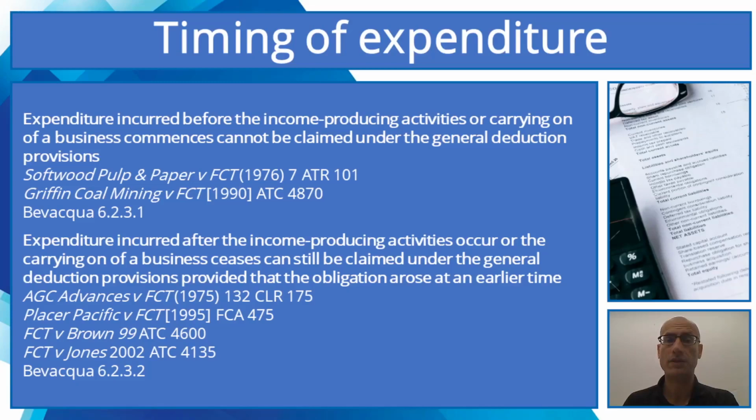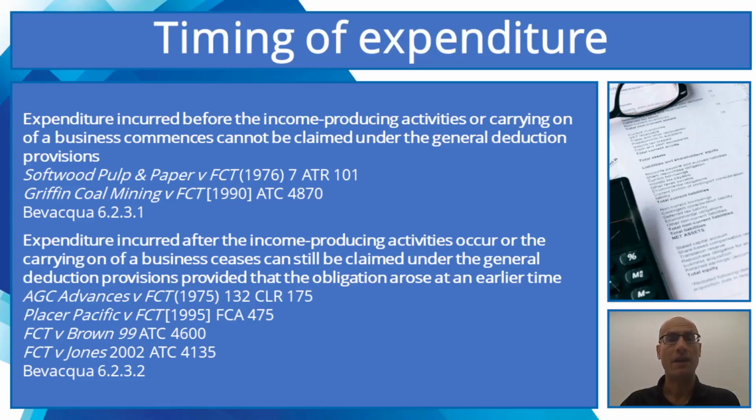Now, the reverse is not true though. So expenditure that's incurred after a particular income earning activity or business ceases, in many situations can still be claimed as a deduction. And the reasoning behind that is that the particular liability, even though not accounted for at the time the income was being produced or the business was being carried on, nonetheless still has this logical necessary connection.